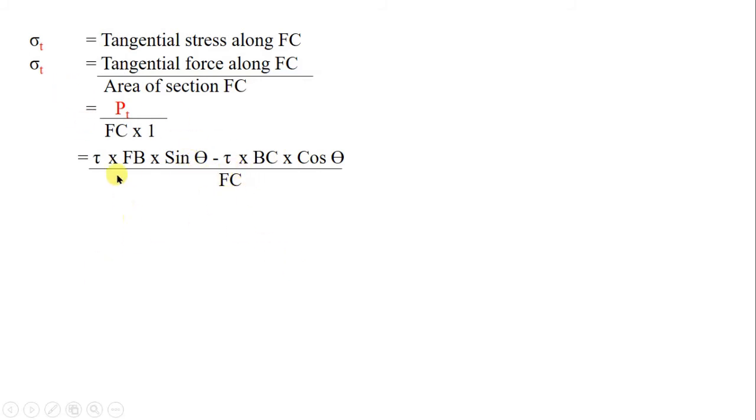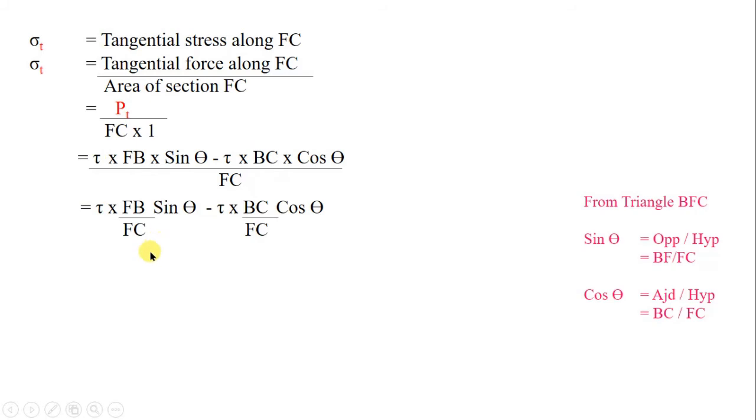Again we are splitting it, so it becomes tau into FB by FC sin theta minus tau into BC by FC cos theta. Similarly, from the triangle BFC, we know that sin theta is equal to BF by FC and cos theta is equal to BC by FC. So substitute it here.